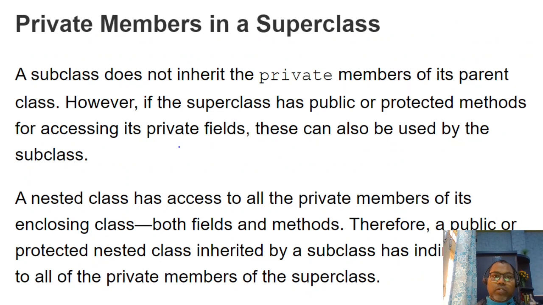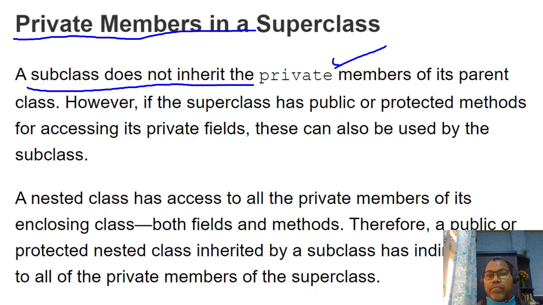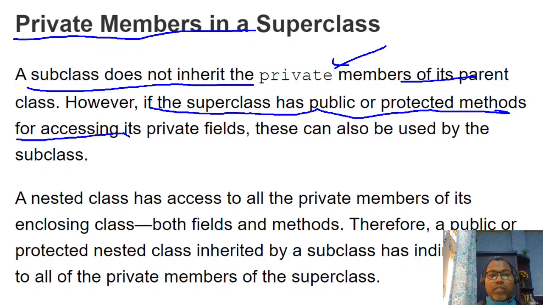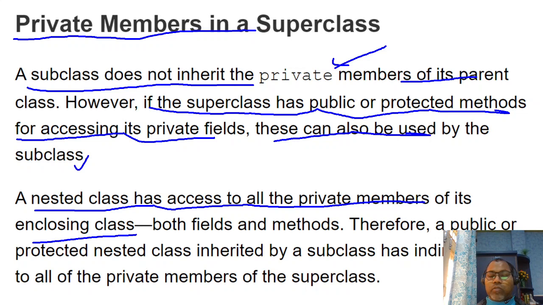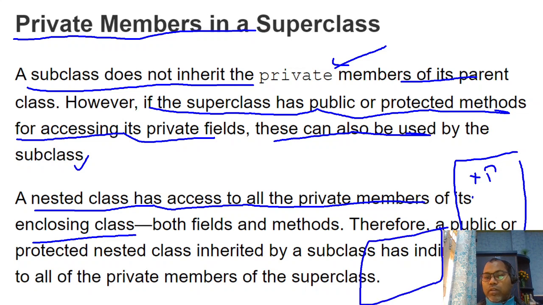If you talk about private data members in the superclass, the subclass does not inherit private members of its parent class. If the superclass has some public or protected method for accessing its private field, they can be used by the subclass. And a nested class has access to all the private data members of its enclosing class. So whenever you declare any data member as private, it cannot be inherited or accessed by the subclass.